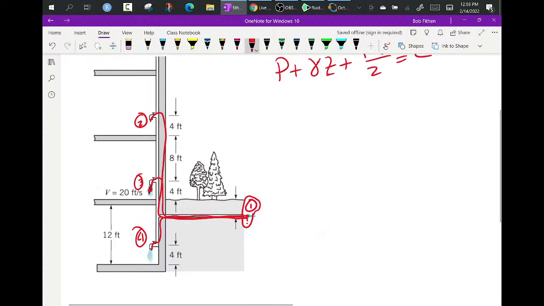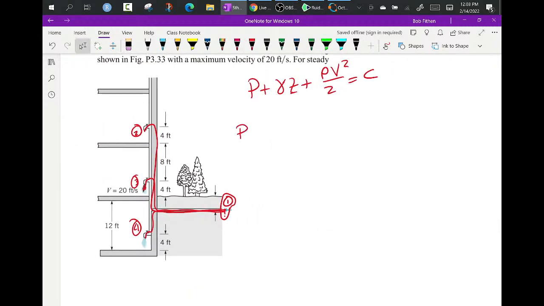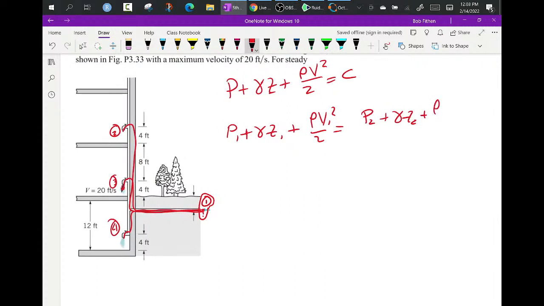Legally, I can only write between 1 and 2. In other words, P1 plus gamma Z1 plus rho V1 squared over 2 is equal to P2 plus gamma Z2 plus rho V2 squared over 2.